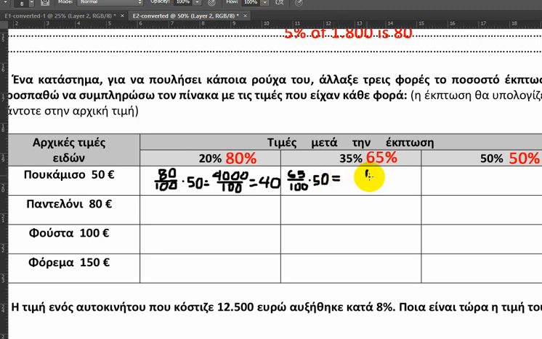We'll start by putting a 0. 5 by 5 makes 25. Add the 5, carry the 2. 5 by 6 makes 30, and 2 that I carried over makes 32. So 3,250 over, did I do that correctly? Yeah, over 100.